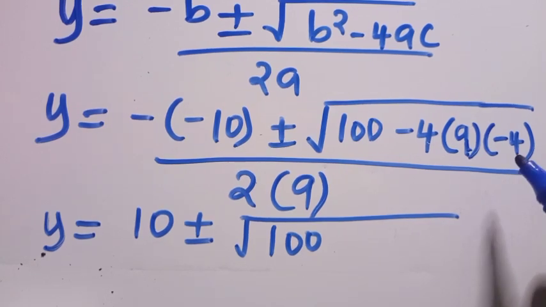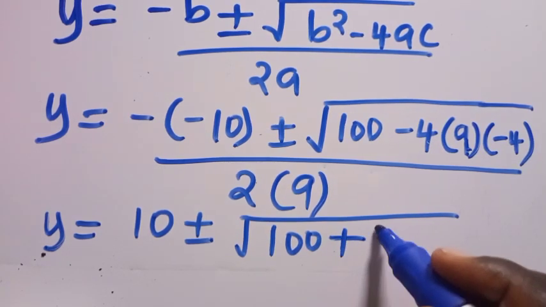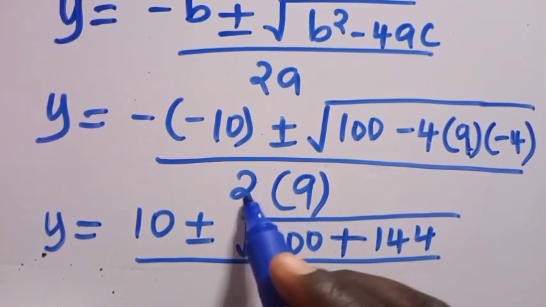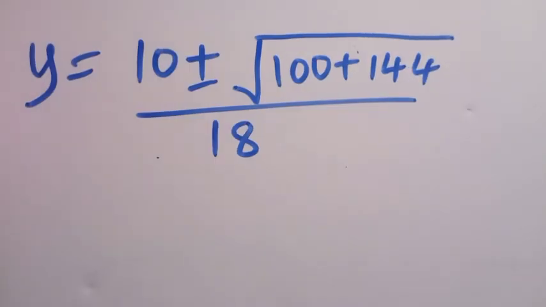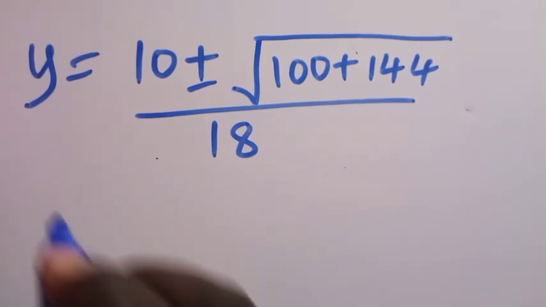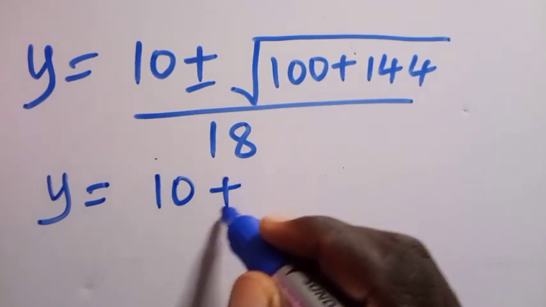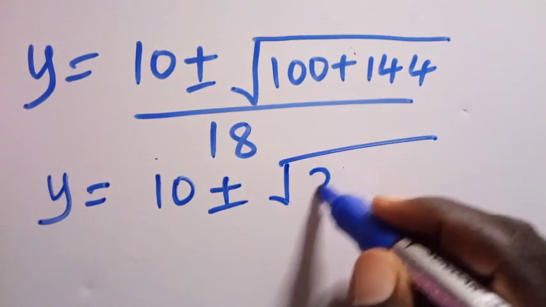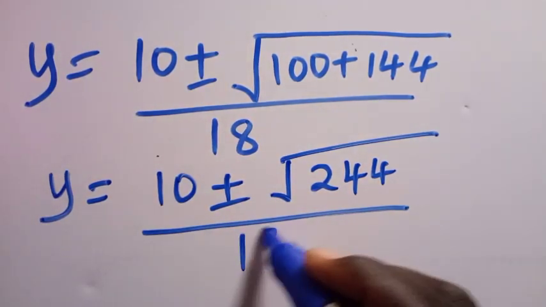Then times negative 4 is positive 144. And therefore it will be plus 144. Then all over 2 times 9 is 18. Now at this point we shall have y equals 10 plus or minus the square root of 100 plus 144 is 244, then all over 18.